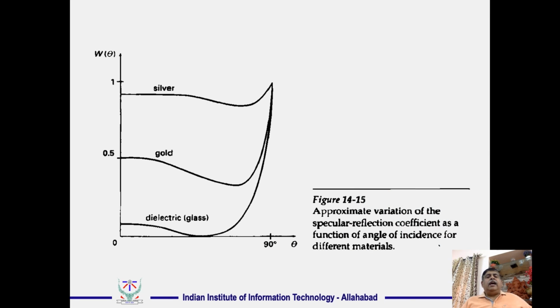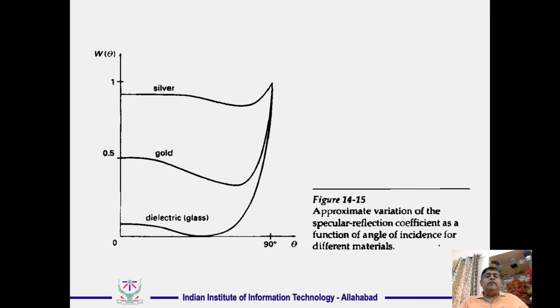We have seen that we have used illumination for the shine part, but we have seen materials like silver, gold, or dielectric glasses. They suddenly have a high amount of reflectivity at angles close to 90 degrees, which the cosine theta function does not provide.